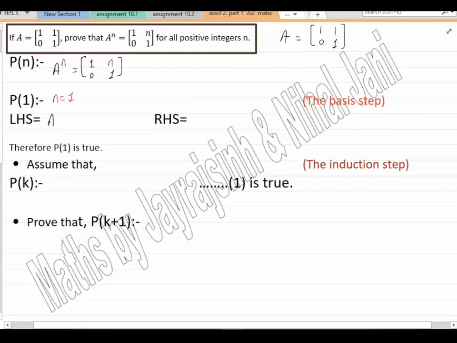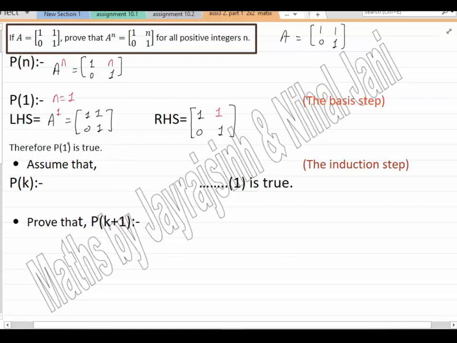In the left hand side we have A raised to n, so here we'll get A raised to 1, and we already know that A raised to 1 is the matrix 1 1 0 1, right? Now let's put n equal to 1 in the right hand side: 1, 1, 0, 1. So as you can see, our left hand side is equal to the right hand side.